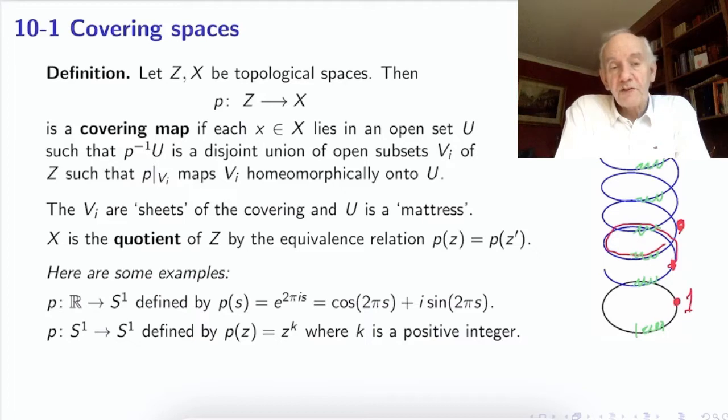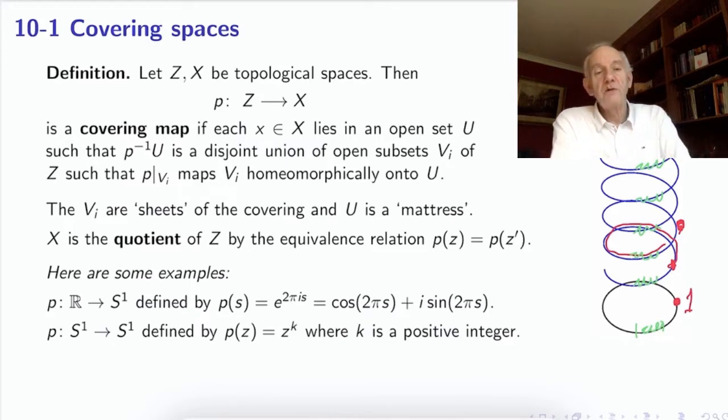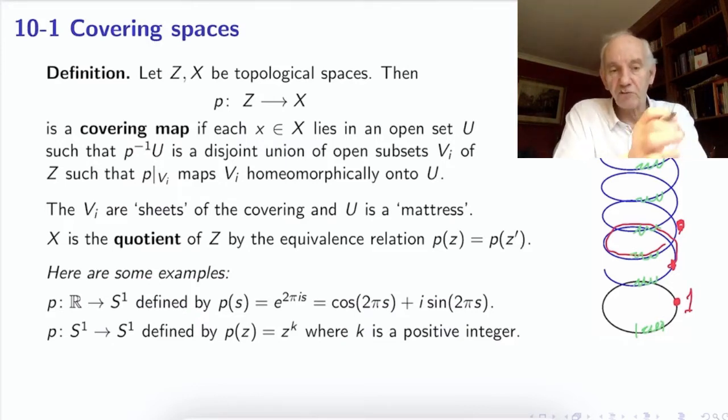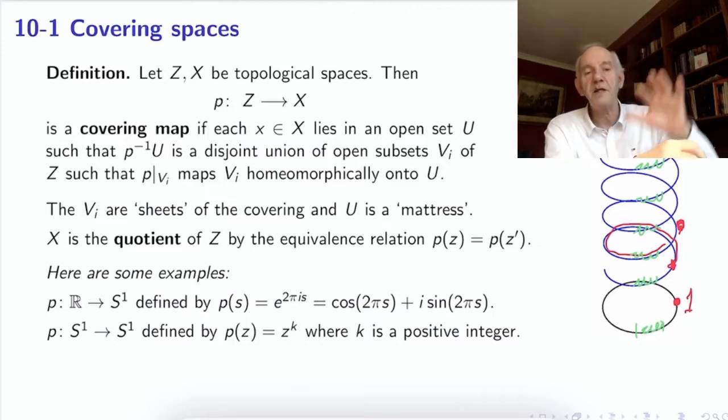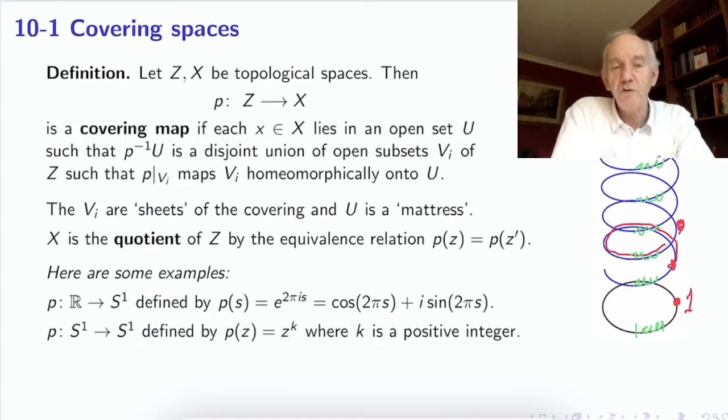Another example is simply mapping from the circle to itself by taking the complex number to the power k. That's a covering map. In fact, you can extend it to be a covering map on all of the complex numbers apart from the origin, but for the same reason as the parabola, it would go wrong at the origin. The inverse image of a generic z would be k points, because there are k roots. Once you fix z to the k over the complex numbers, there are k solutions to the equation.